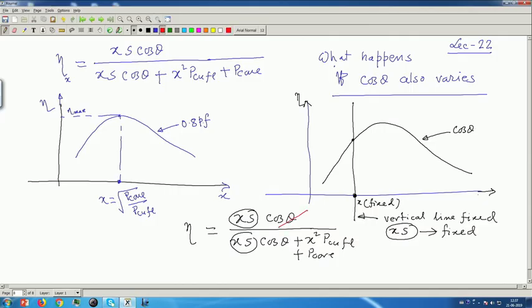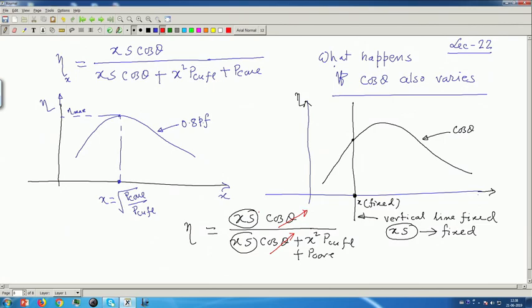That is what I will do. I will vary the power factor, and I want to see, at a given fixed kVA, at what power factor efficiency will be maximum.